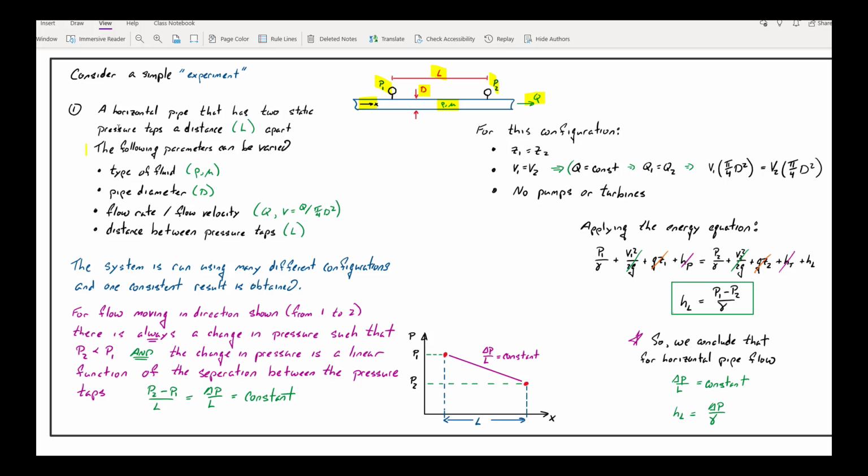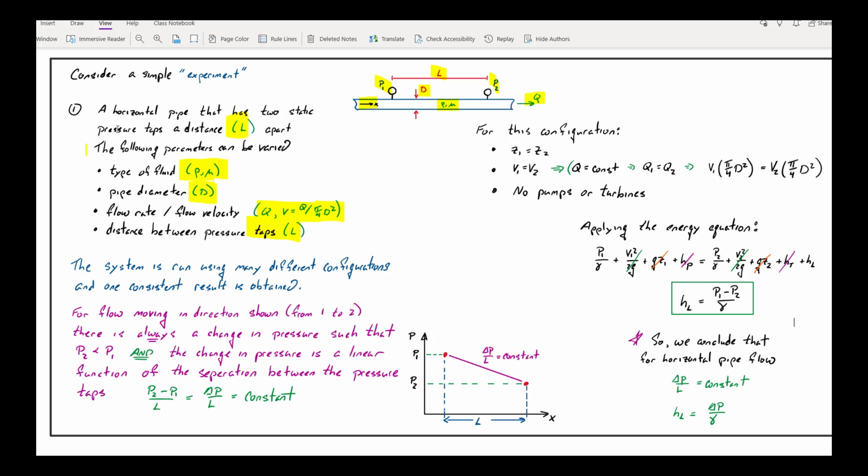The pressure taps are a distance of length L apart, and we can vary these parameters. We assume we have pipes of a bunch of different diameters, and we can vary the flow rate, which of course then gives the flow velocity as well. If I divide the volumetric flow rate by the cross-sectional area of the pipe, I'll get the average velocity. We also assume that we can vary the distance between the pressure taps.